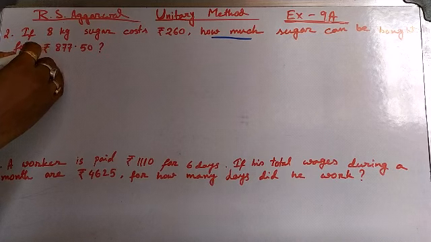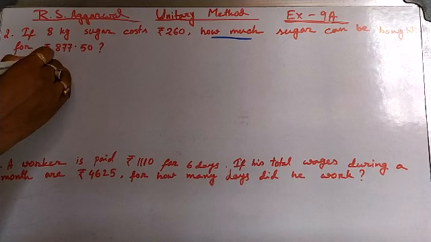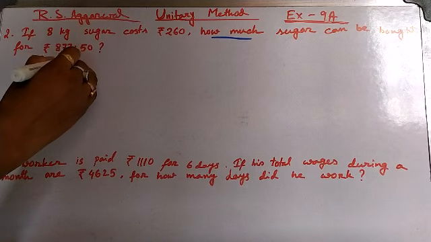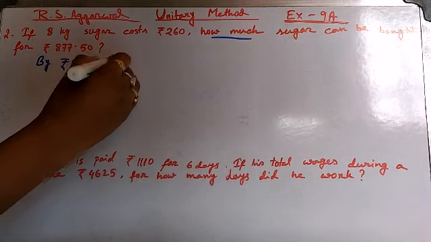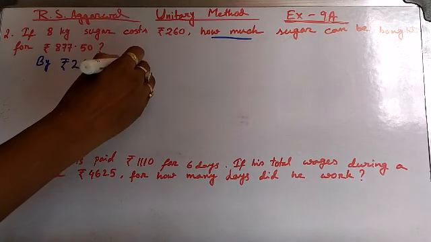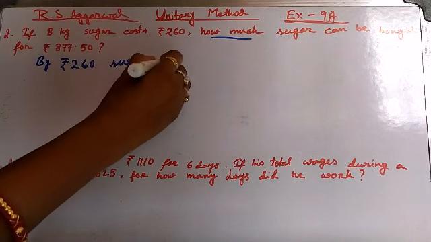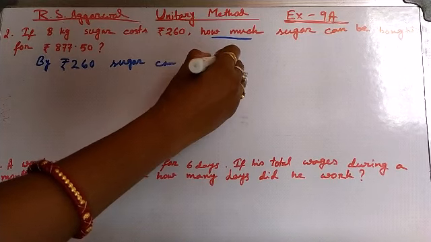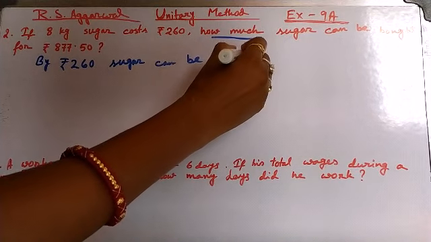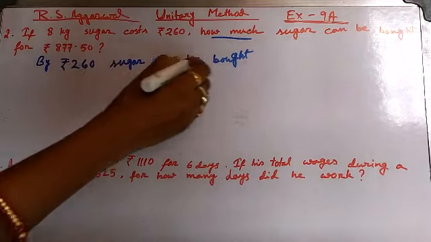So here, by rupees 260, 8 kg sugar can be bought, that sentence will be proper.